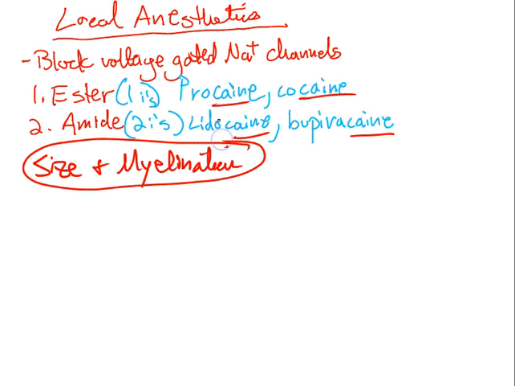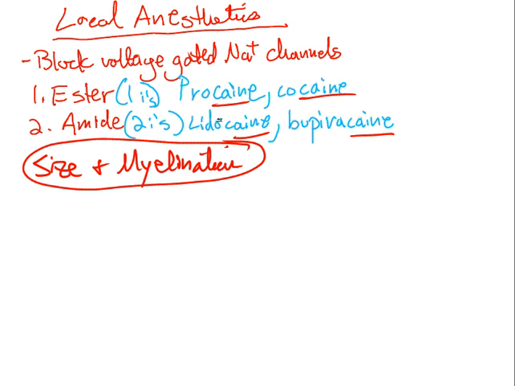That's what we have to talk about when we're talking about the blockage of voltage-gated channels in nerve fibers. Fibers with a smaller diameter are more easily blocked. It's literally that simple. And myelinated fibers are more easily blocked than unmyelinated fibers. So if it's myelinated and it's a small nerve, it's very easy to block that nerve.